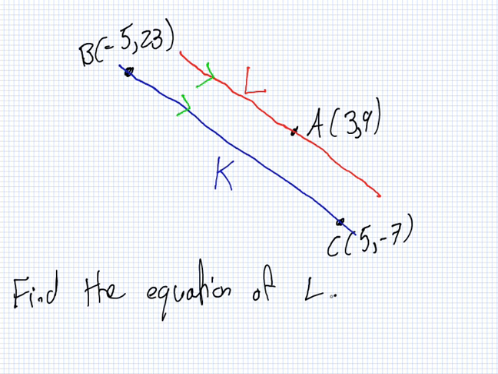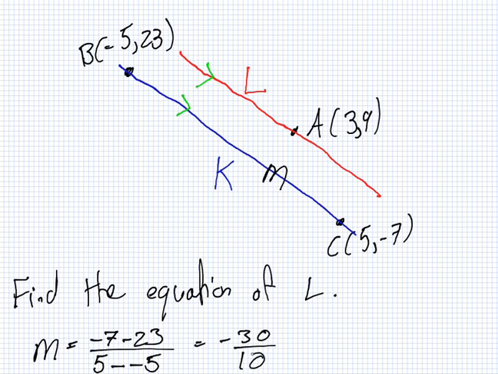So first we should find the m of this line by using our formula, which we all know and love: m equals y2 minus y1 over x2 minus x1. So that's minus 30 over 10, which is minus 3. So therefore, this line also has slope of minus 3. Is that right? Did I make a mistake?